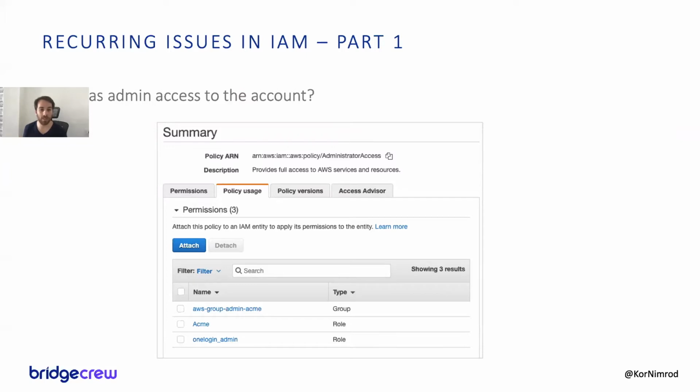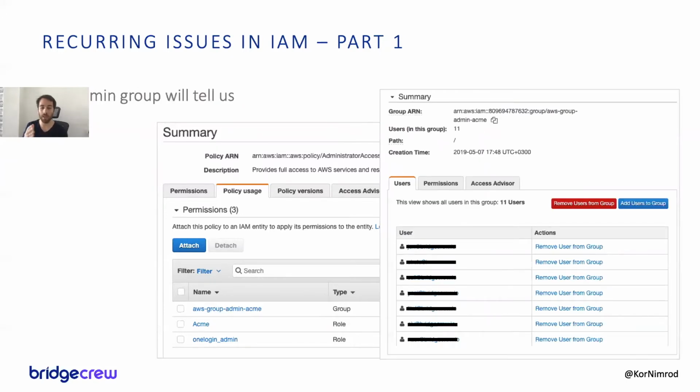You can see in this example, we have a group and two roles who have this policy attached. So the two roles, I know who they are, I can check them. The group, I'm not so sure. So the next thing I would do is click on the group. And now I see there are 11 users who are members of this group. And so they all are admins in the account.